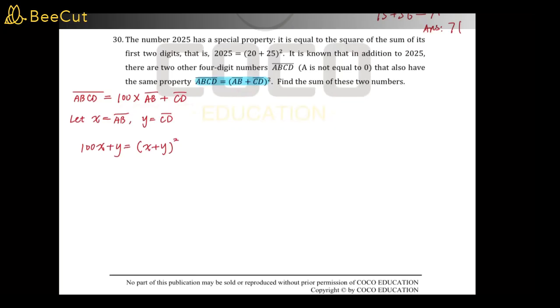So to solve it, let's separate the 100X into 99X plus X plus Y equal to (X plus Y) squared. Let's minus X plus Y from here. So we get 99X equals (X plus Y) squared minus (X plus Y).